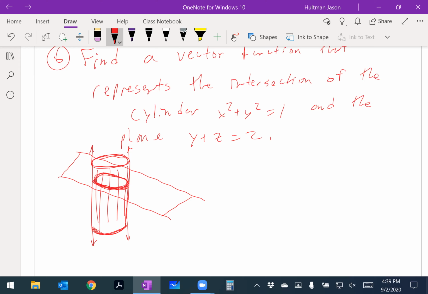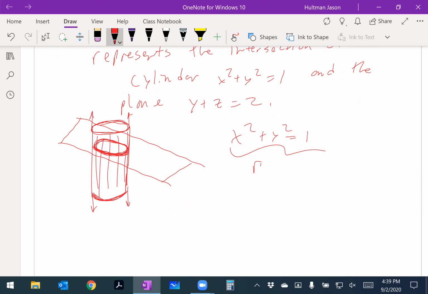Well, we have this cylinder x squared plus y squared equals 1. How could I parametrize this? Anybody know what the parametric form of a circle is?